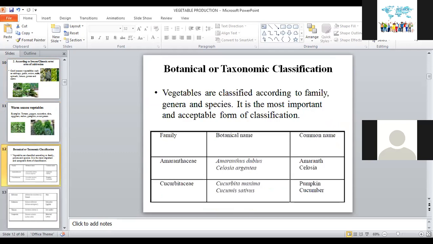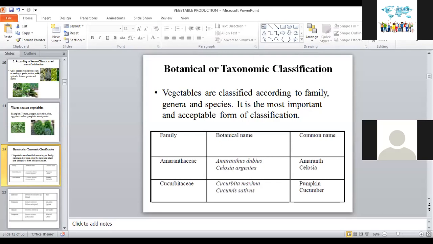Then the other classification is the botanical or taxonomic classification. When we look at botanical or taxonomic classification of vegetables, here basically we are looking at the family under which such a vegetable falls, or the family to which such a vegetable belongs.